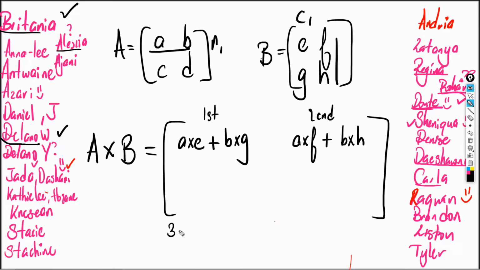Now for the third place, it's going to be different, because the third place, which is at the C, is in row 2, but column 1. So we're going to say second row by first column. So we're going to say C times E.